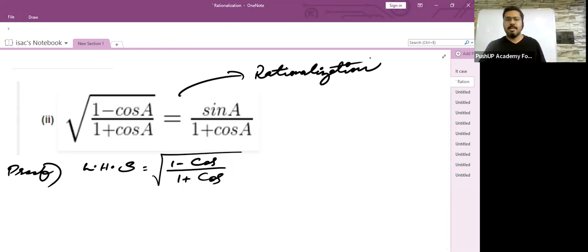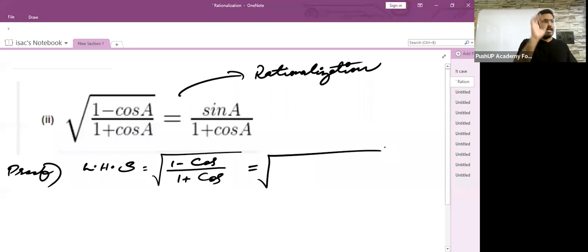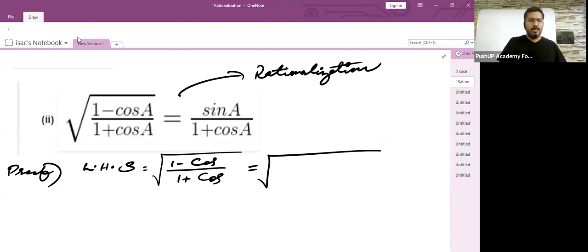Now, I have taken the LHS, which is square root of 1 minus cos upon 1 plus cos. Now, you look at the right hand side and then determine whether you should rationalize the denominator or the numerator. I'll repeat, children, please look at the right hand side and then decide whether you should rationalize the denominator or the numerator. I will teach you how to do it.